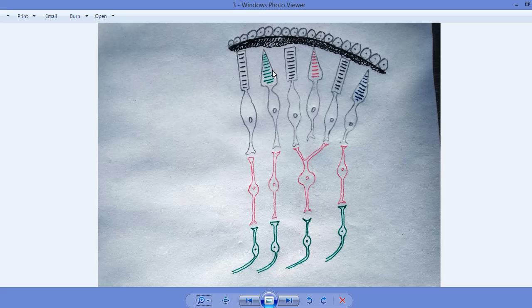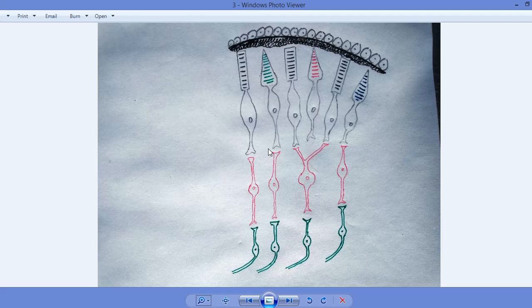In that condition the rods and the cones have electric potential of minus 30, and when it has electric potential of minus 30 these rods and cones are continuously secreting neurotransmitter, and that neurotransmitter is glutamate, that is an inhibitory neurotransmitter.